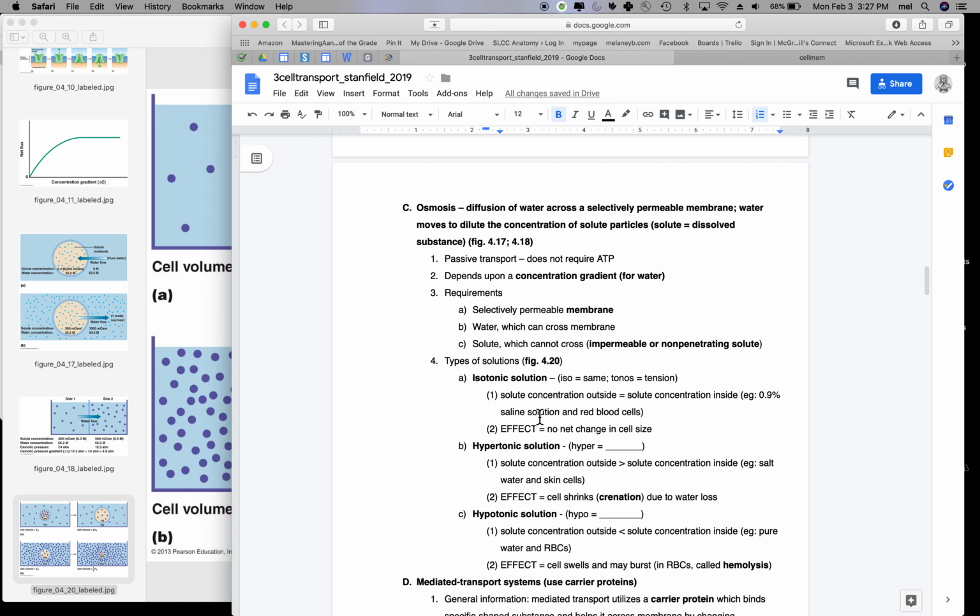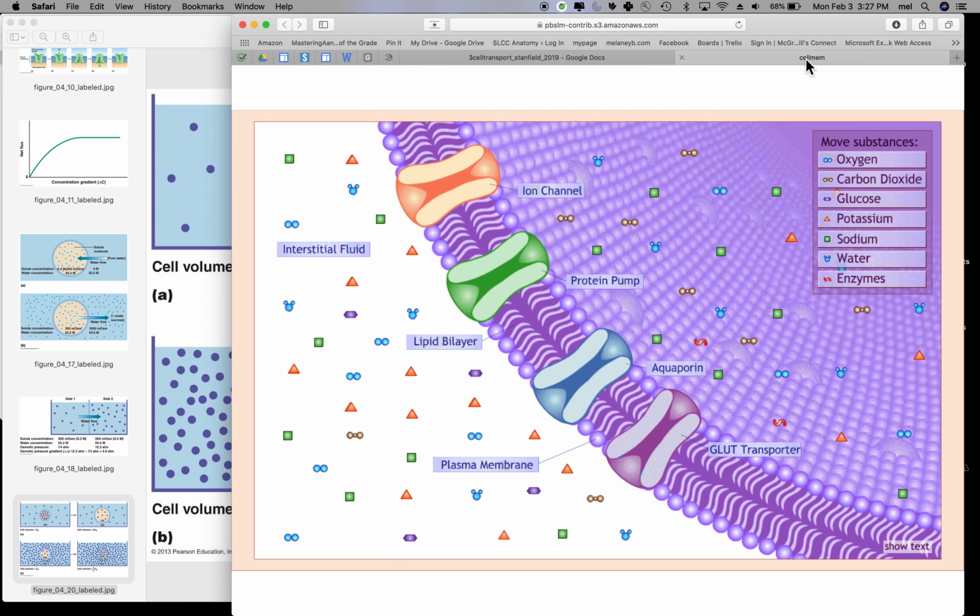A situation in which the solute concentration inside and outside are almost the same. When that is the case, water is going to move in and out of the cell, but there's not going to be any net movement of water, meaning that this cell should not shrink dramatically. It shouldn't swell dramatically. Water is going to move about the same in and out. So that's an isotonic solution.